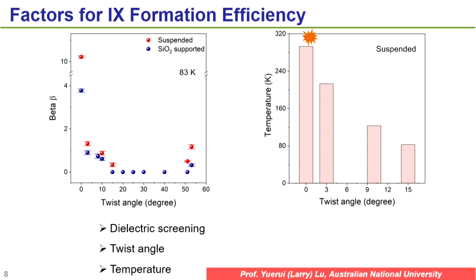So that's why, from the freestanding twisted heterostructure with a twist angle of 0, we can observe these more trapped interlayer excitons at room temperature.